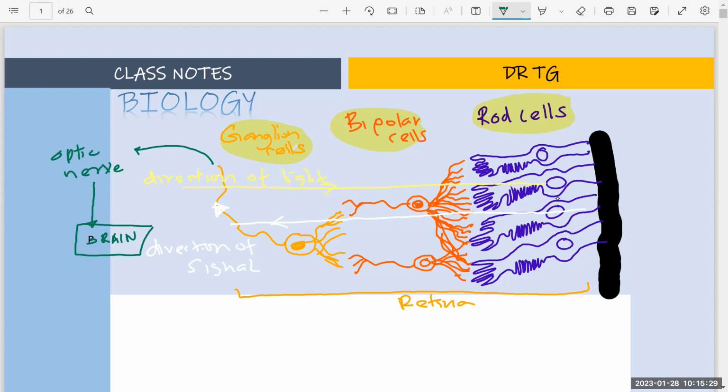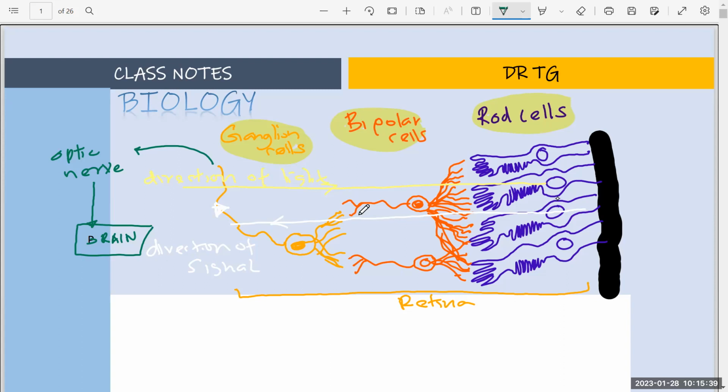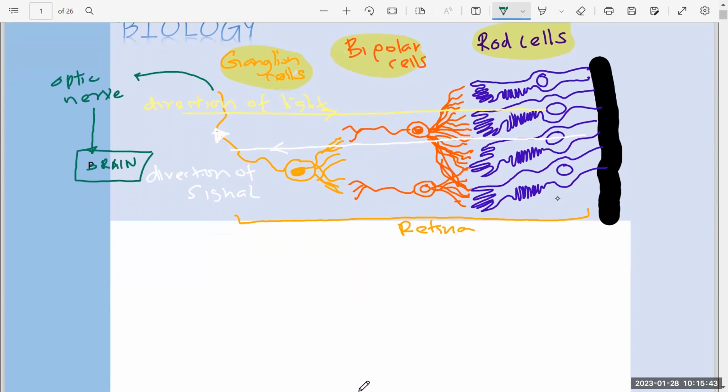Okay, a little bit complicated lesson. We are coming to understand that. So we'll move to the complete pathway of this cycle, right?